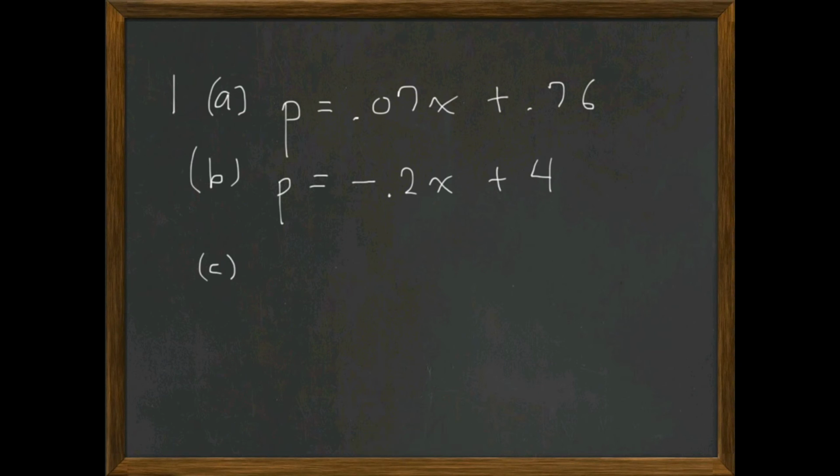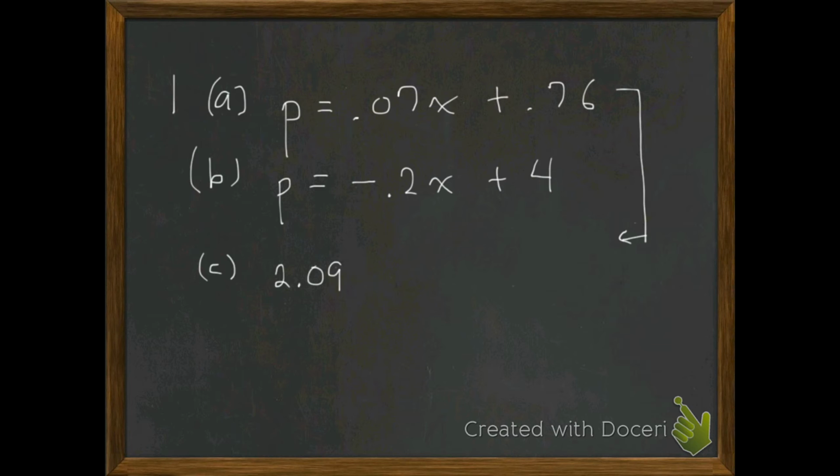Okay, so part C, what we need is we need to know when the price is $2.09, we need to find the supply and demand. So for the first problem, we're going to use this for the supply. Obviously, we're going to subtract 0.76 from both sides.